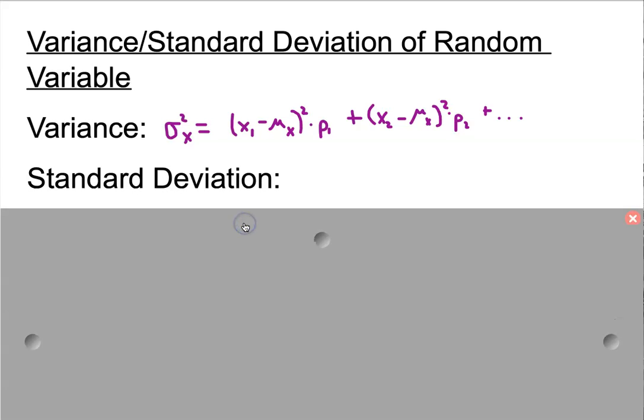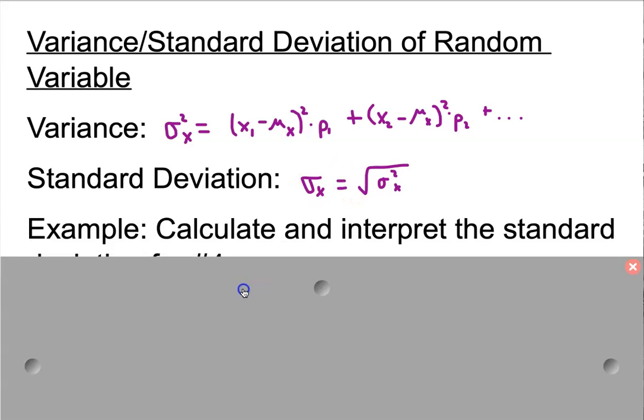To get to standard deviation, all we have to do is take the square root of that variance we just found. So the standard deviation of x is equal to the square root of the variance, which is what you would get with this big giant formula here. That's why I said we usually calculate variance and then go to standard deviation.